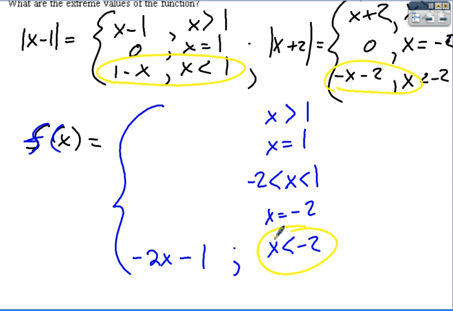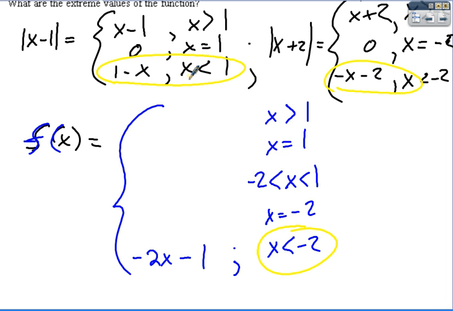When x is less than negative 2, that tells us that the absolute value of x minus 1 is behaving like this, right? Because x values less than negative 2 are also obviously less than 1, aren't they? So all values of x less than 1 create this behavior, right?